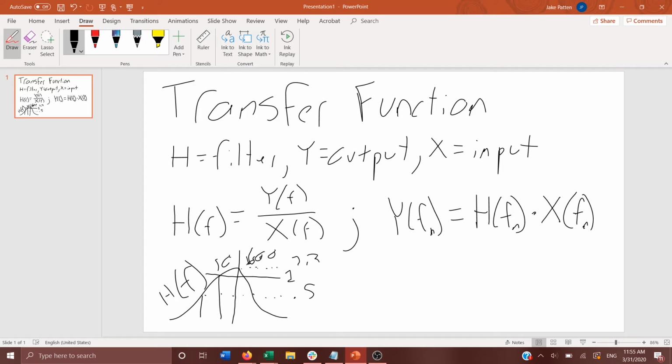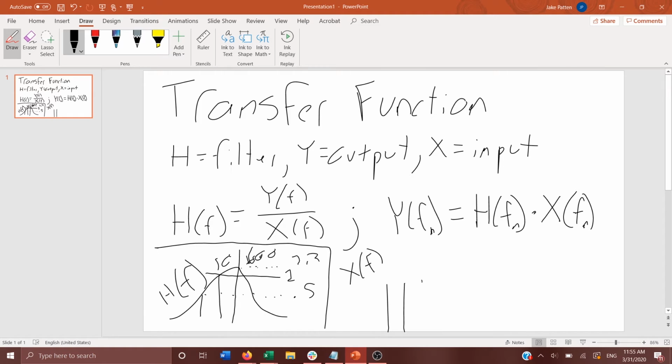Now the input is just going to be, let's draw a box around this, all 3 frequencies, and they're all an amplitude of 1. So this is going to be a 400 hertz, a 500 hertz, and a 600 hertz tone. That's the input. So then all you do is you multiply the input by the filter.